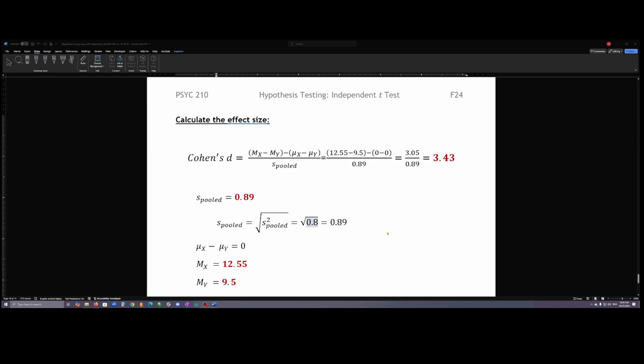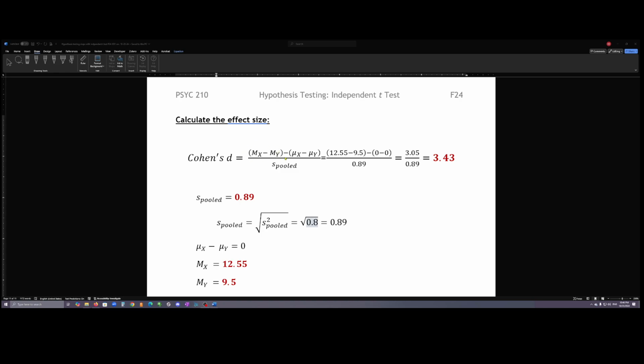Okay, effect size, because that's the other statistic that we should include with the results of hypothesis testing. So, Cohen's d. Again, we have two groups involved here with the t-test. This is our effect size measure.